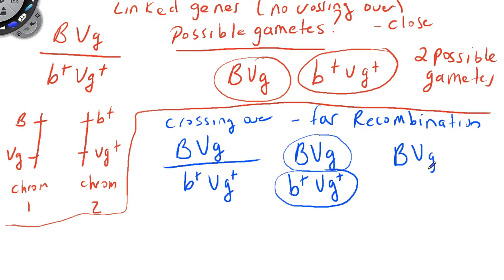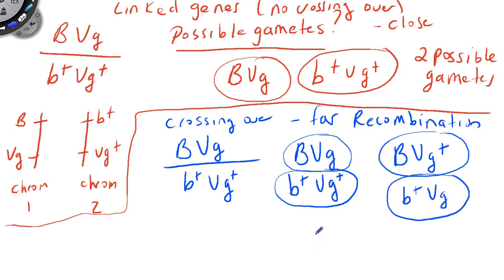One that looks like this, so that's another possibility, and then one that looks like this, so that's another possibility. So you can end up with 4 possible gametes if you allow for recombination or crossing over, because let's say the genes are far apart from each other.